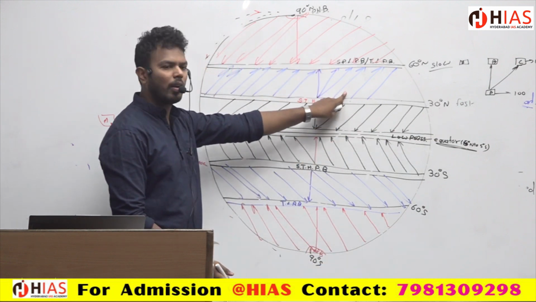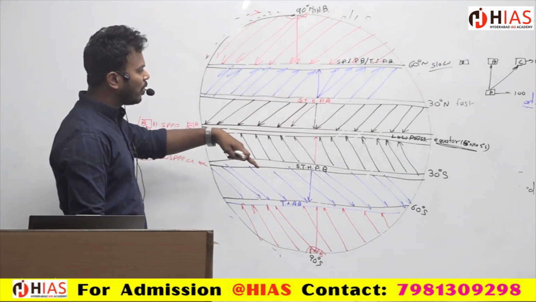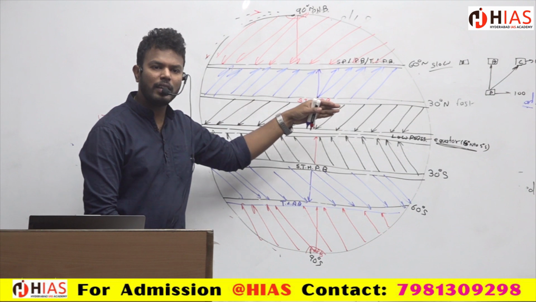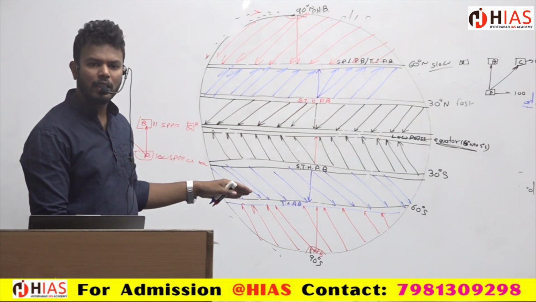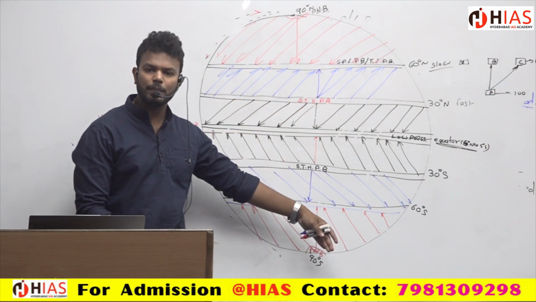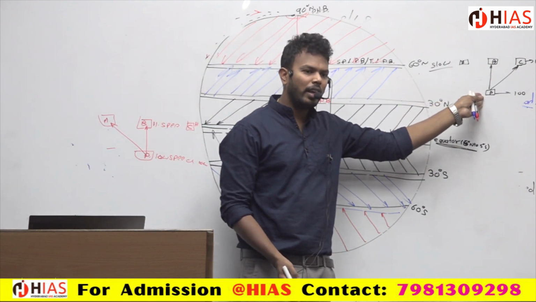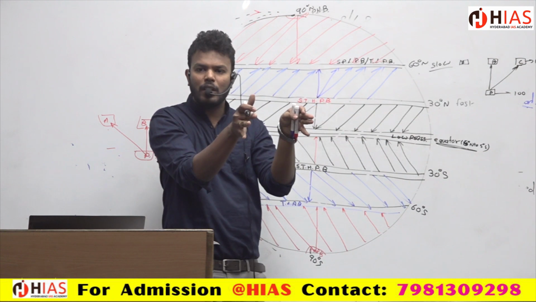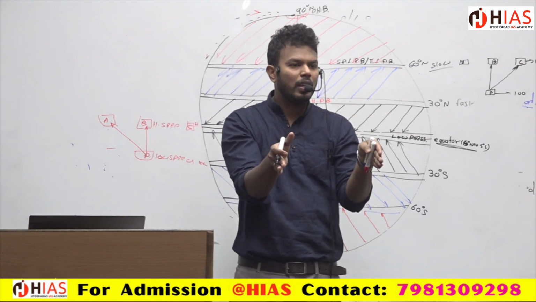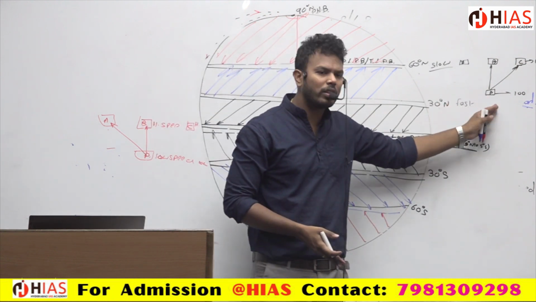So did it get deflected or not? In simple terms, I told you, in the northern hemisphere, they will be deflecting right side. In the southern hemisphere, they will be deflecting left side. So what is the reason? This is the reason. Earth is spherical in shape. Earth is not cylindrical in shape. If it were cylindrical, we would not have got this thing.